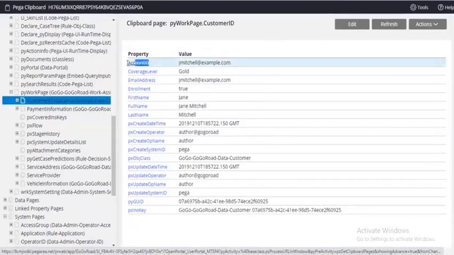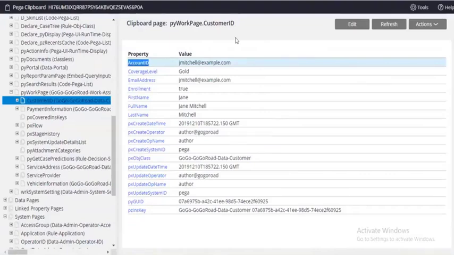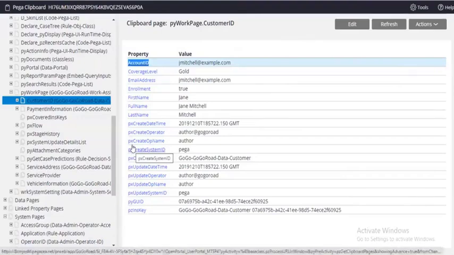Account ID is one property, a property which we have created, so there is no PX, PY, PJ at the start. Here you have some PX properties; these are all Pega given properties.